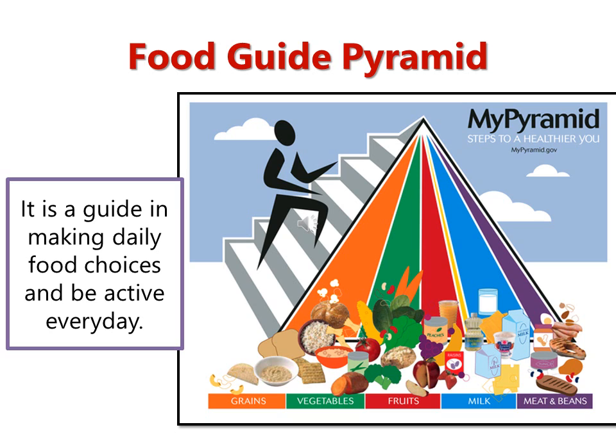which means in your intake of nutrients, you should take more grains and vegetables and milk than fruits and meats. Again, your food sources should be varied. You should have grains, vegetables, fruits, milk, and meat and beans.